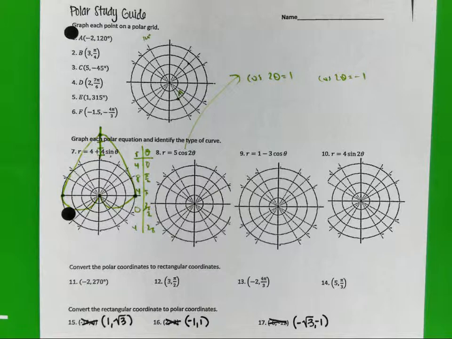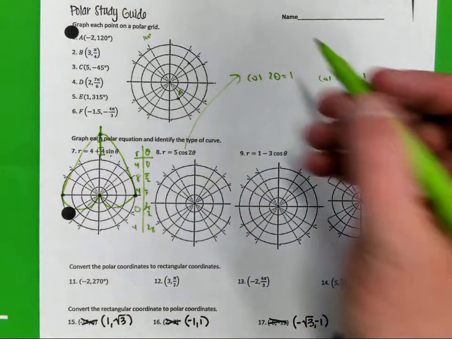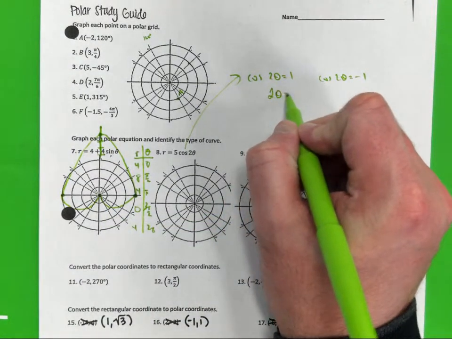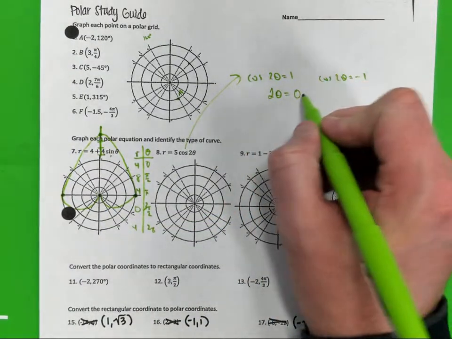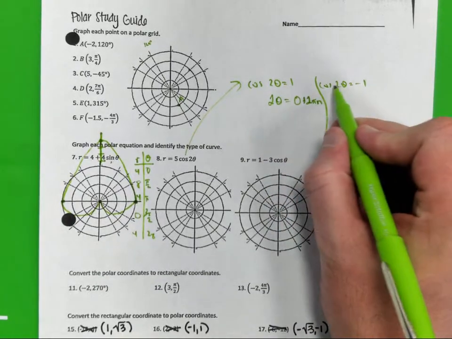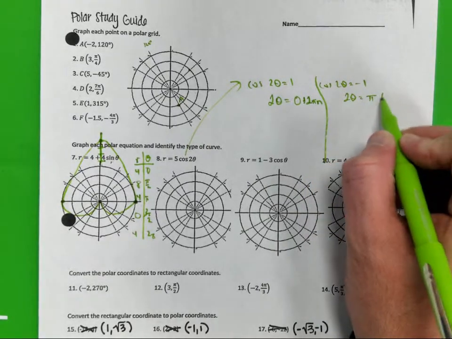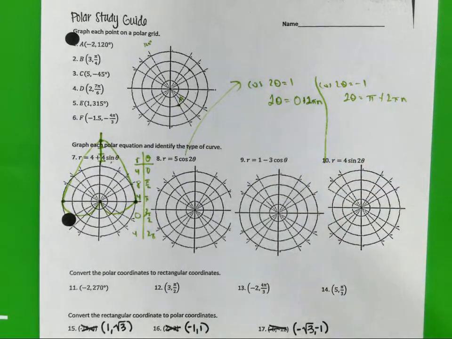All right, yeah. Now, you got to think, okay, what cosine value gives me a value of 1? 0. So now I'm going to put 2 theta, 0, plus 2 pi n. Cosine gives you a -1 is pi plus 2 pi n.